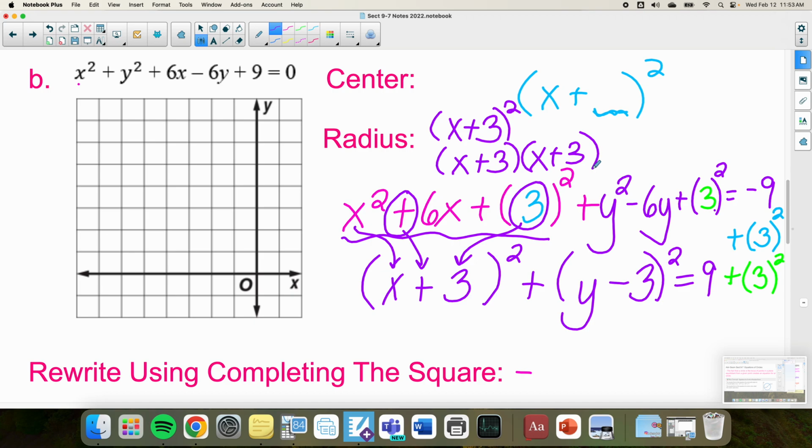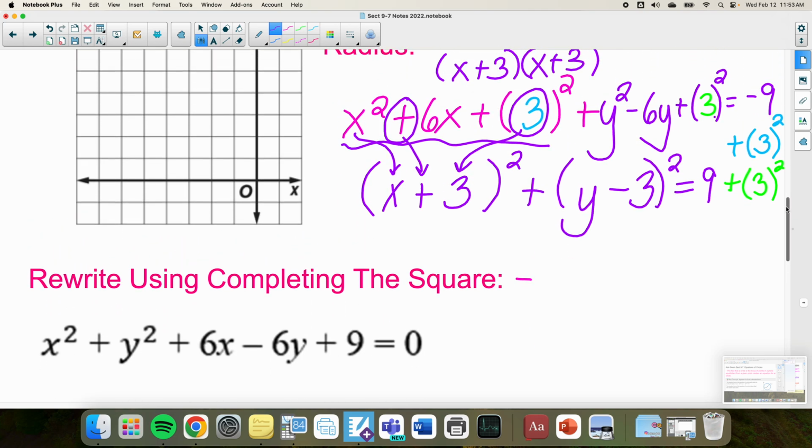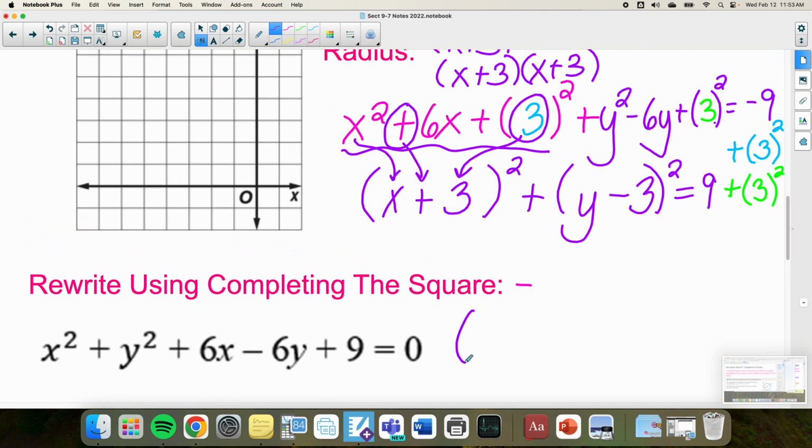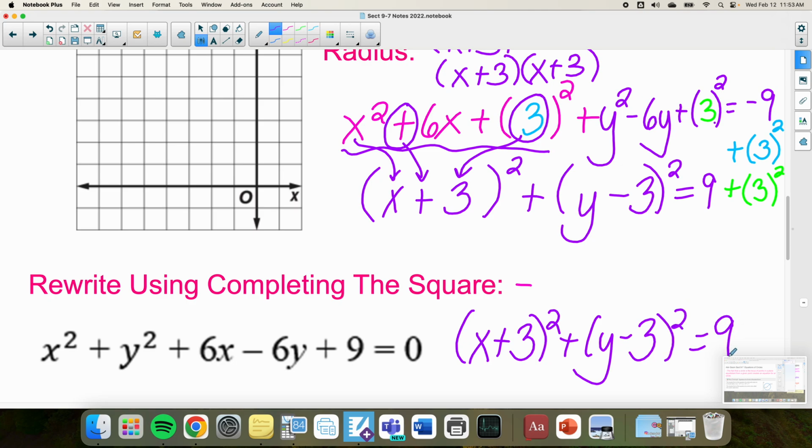A lot of people look at this and think it's just x squared plus 3 squared, so it should just be x squared plus 9, and that doesn't really work, okay? All right, so now that we have this, I'm gonna write it down here. X plus 3 squared plus y minus 3 squared equals 9.